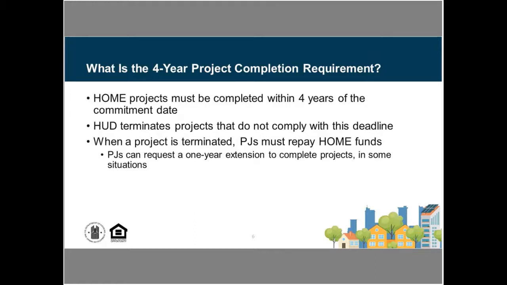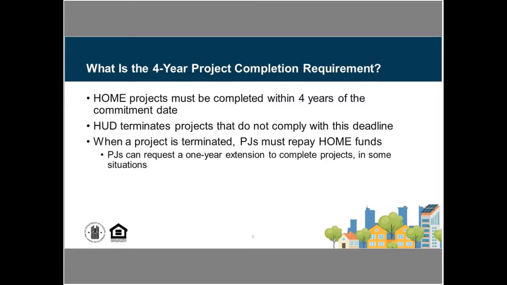HUD is essentially tasked with implementing this 4-year project completion requirement and terminating projects that don't comply with that deadline. When a project fails to meet the 4-year project completion requirement, the PJ has to repay those HOME funds.